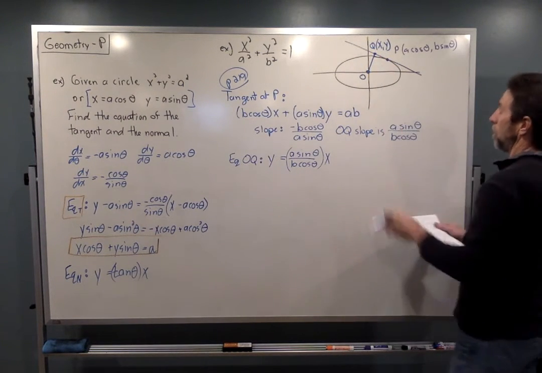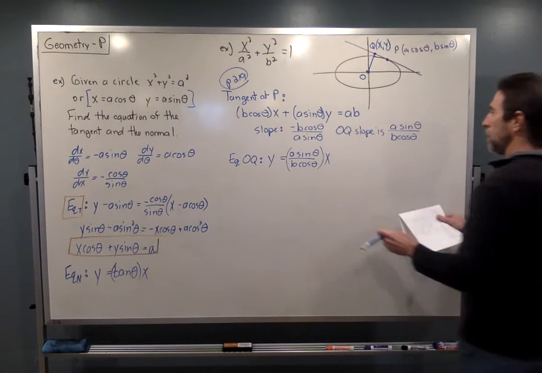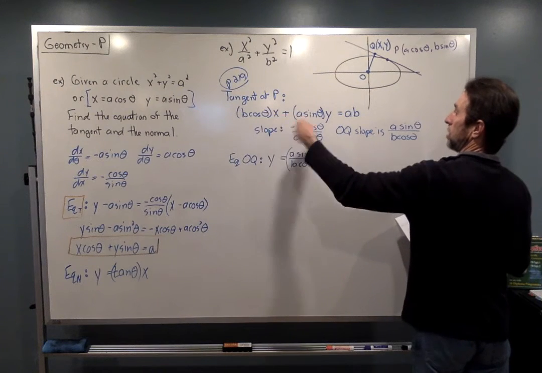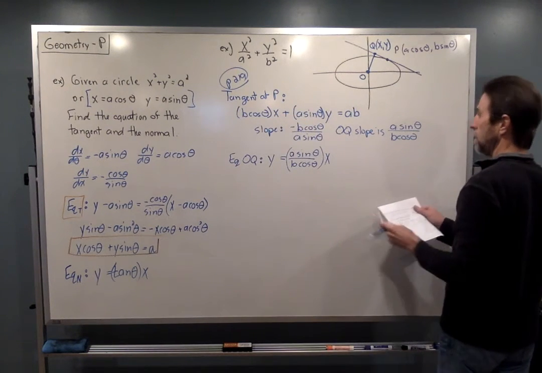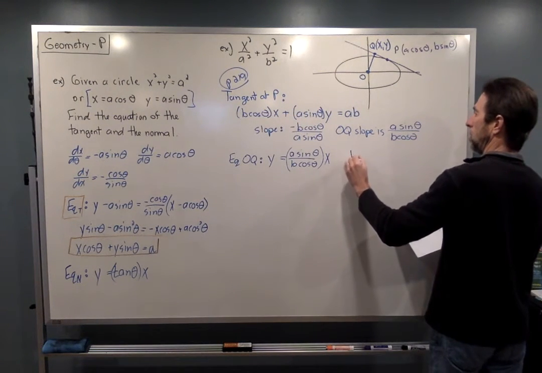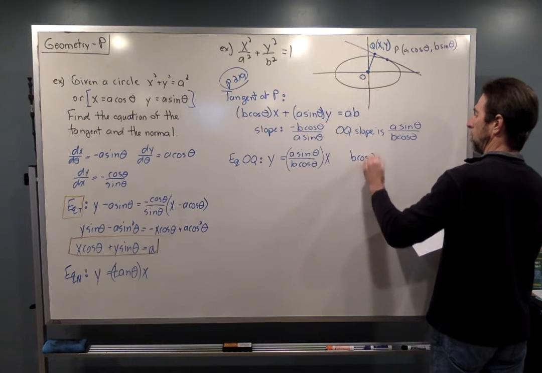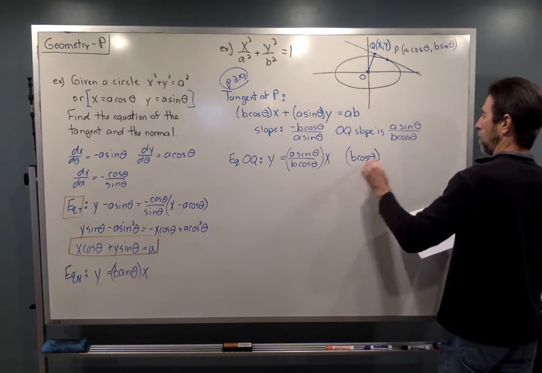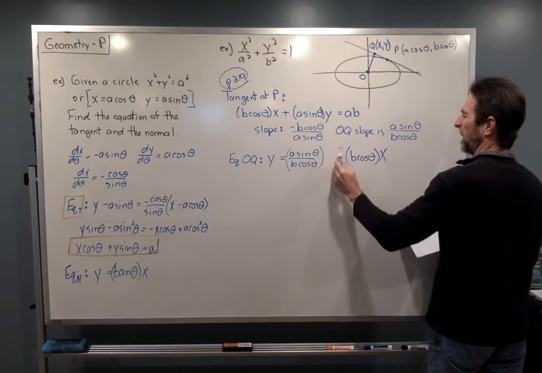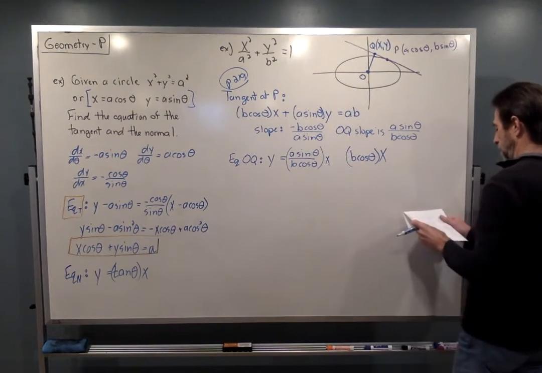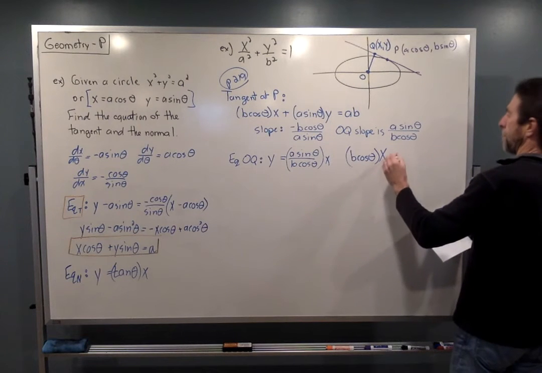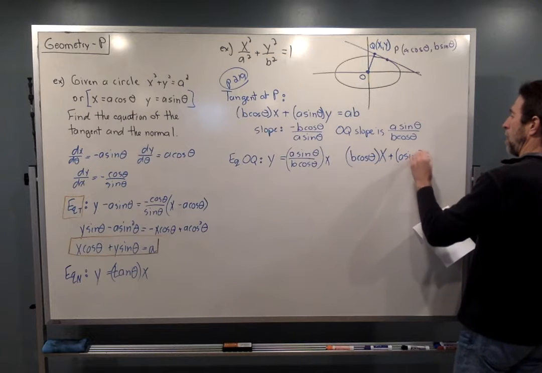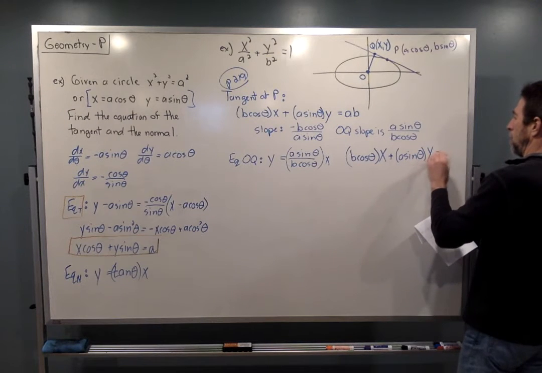This point xy is on that tangent, so the other equation could be this: B cosine theta, capital X, this should be small x, kind of looks big, plus A sine theta capital Y would equal AB.